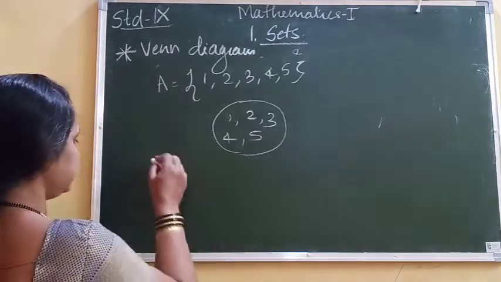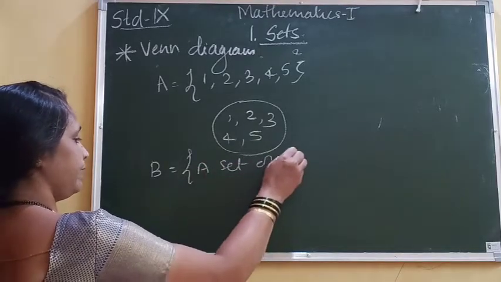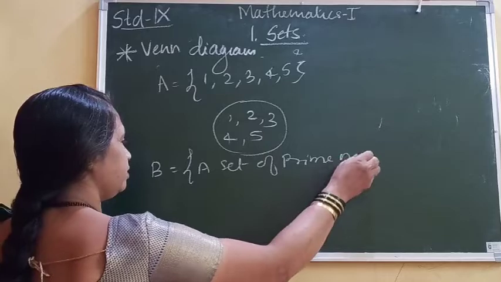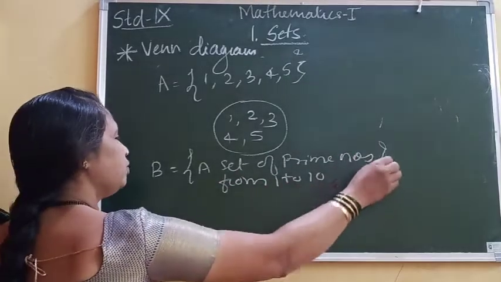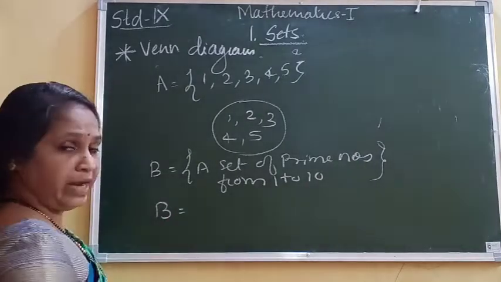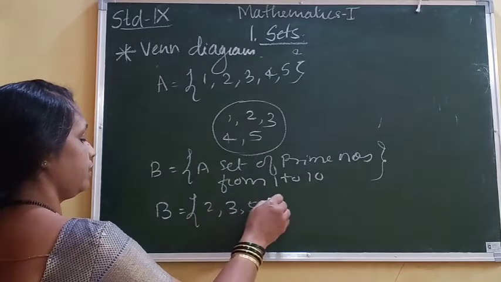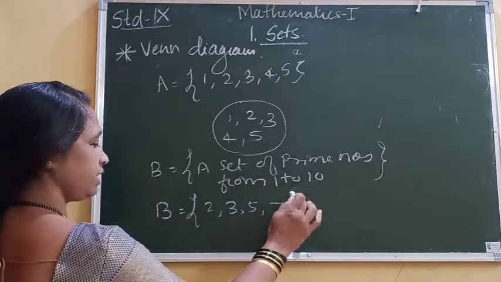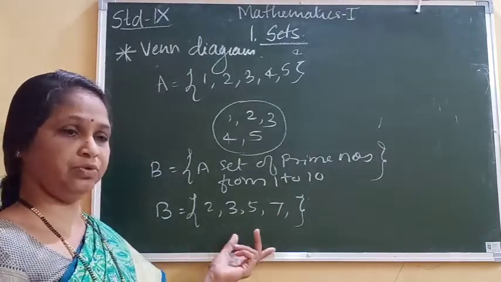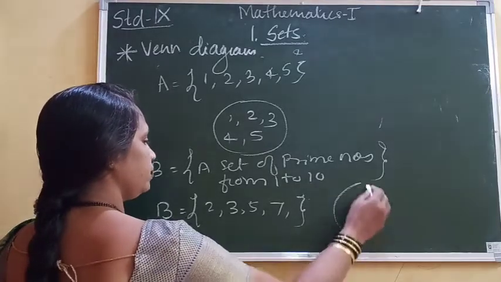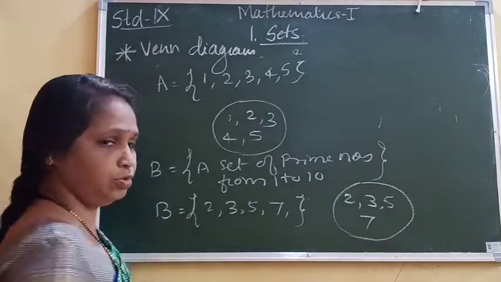Now suppose a set B is given, the set of prime numbers from 1 to 10. You know the prime numbers from 1 to 10 are 2, 3, 5 and 7. These are the elements of set B. Now this set B you can draw in picture form, so it will be easy for you to understand.